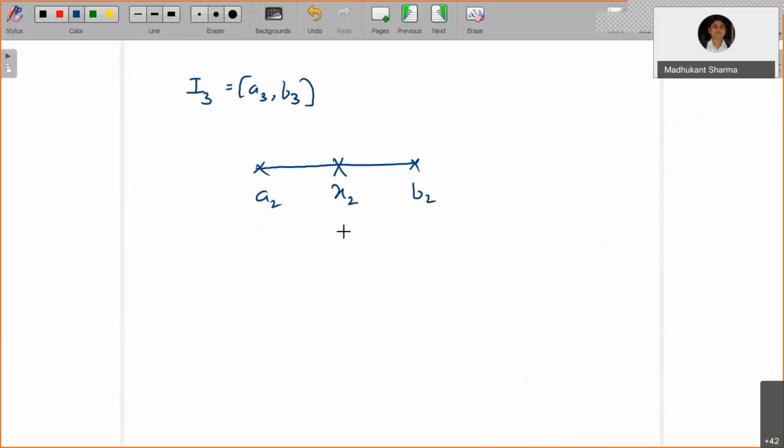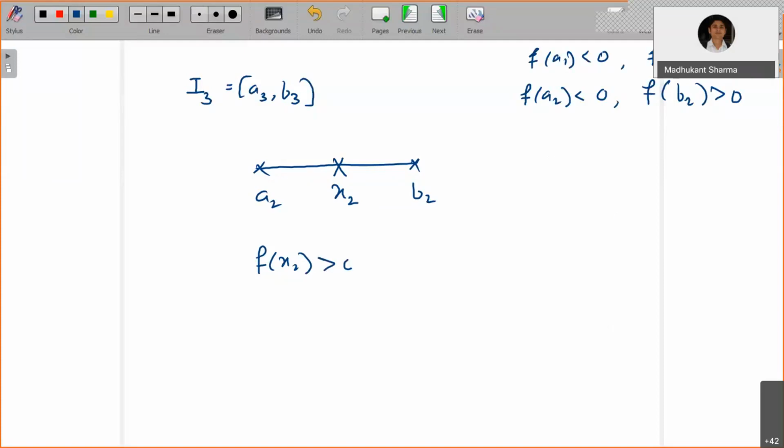Then you will check the sign of f of x2. Here f of a2 is negative and f of b2 is positive, just as f of a1 was less than 0 and f of b1 was greater than 0, as we started. So now you will check the cases for f of x2.